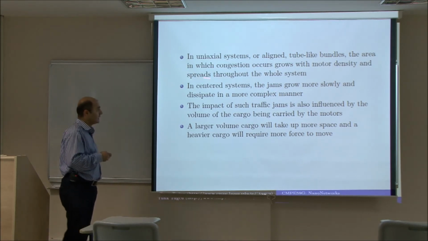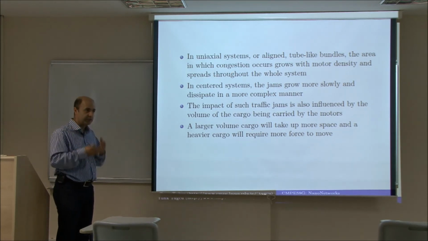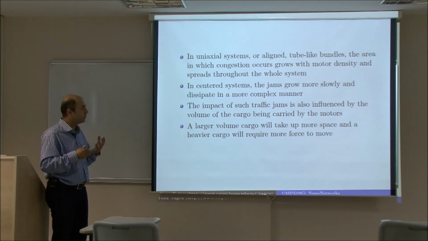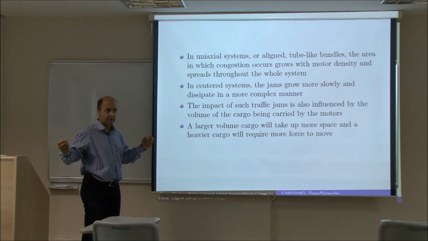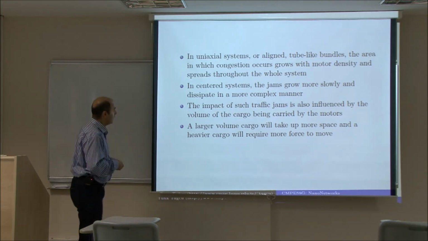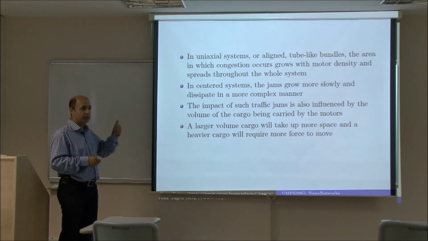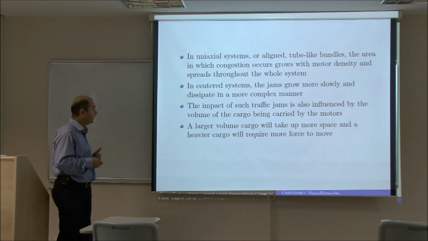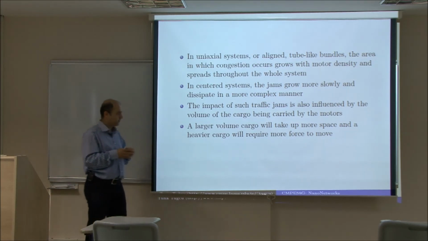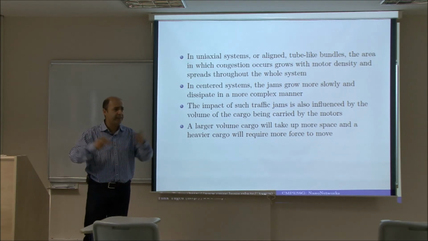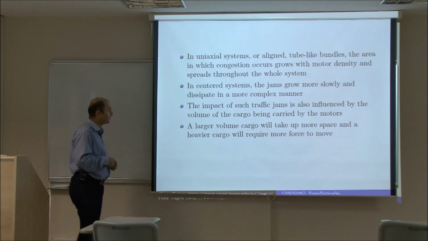And in the case of uniaxial systems, once that concentration increases, you will have more jam there, and this will spread throughout the whole system, throughout the whole rail. Okay? Whereas in the case of centered systems, the jams grow more slowly compared to uniaxial systems, and also that congestion dissipates as you go away from the center, and it dissipates also in a more complex manner.